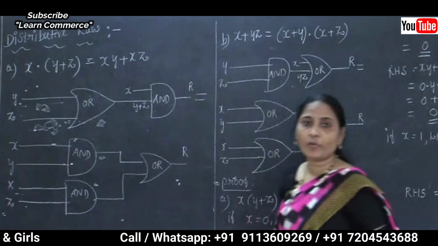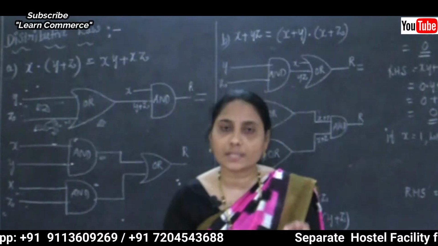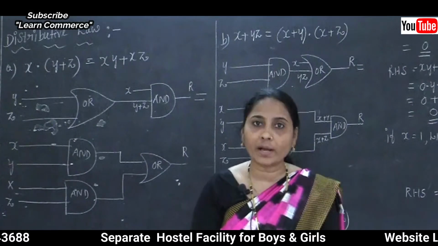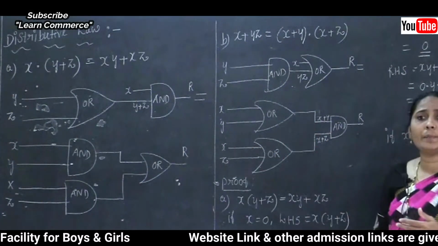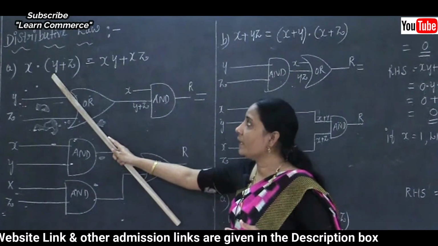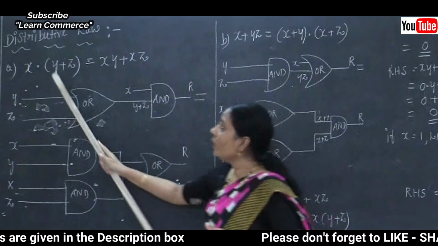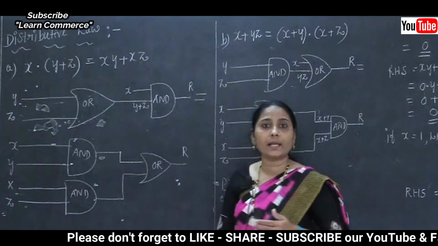Before going to prove it by using x equal to 0 or x equal to 1, first let us complete the symbol of our distributive law, with the left hand side equal to the right hand side. First, I am going to take the expression in parentheses.